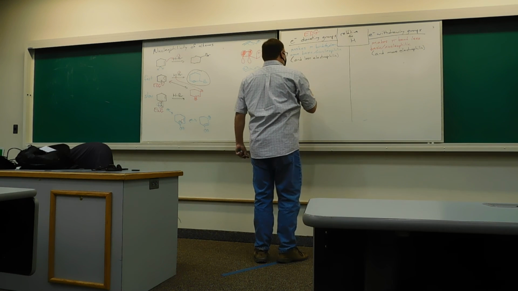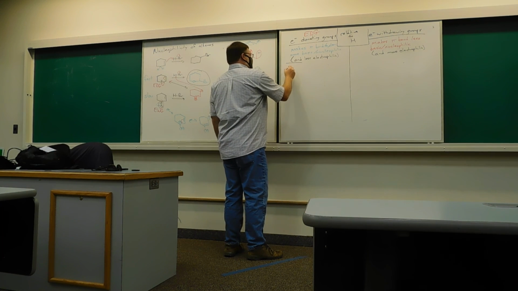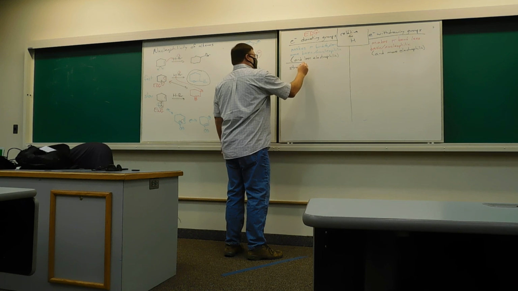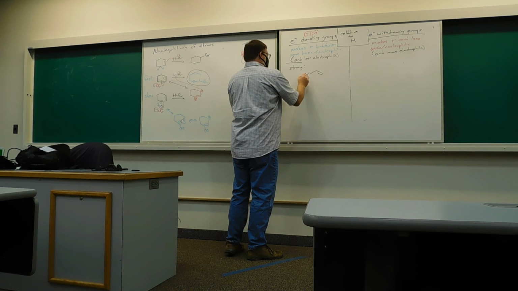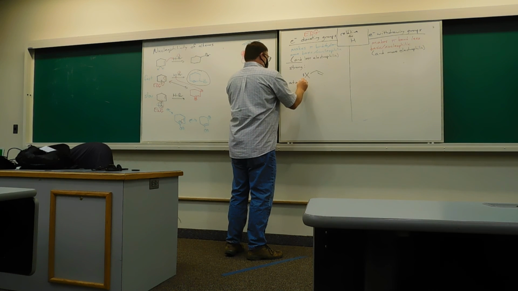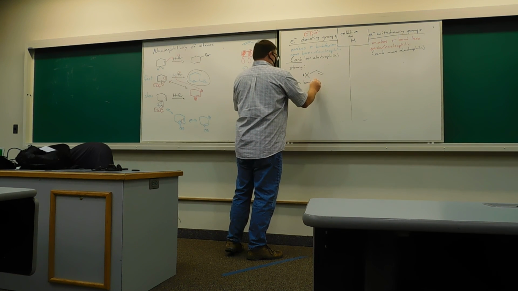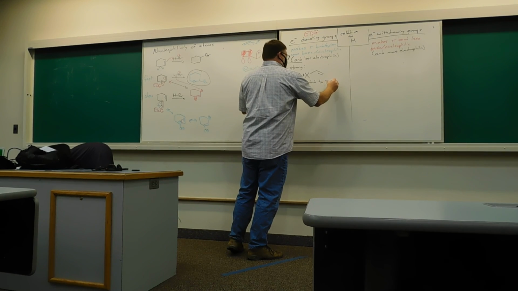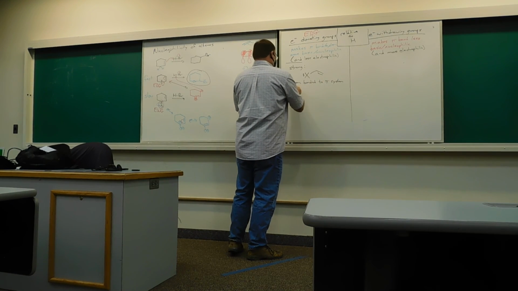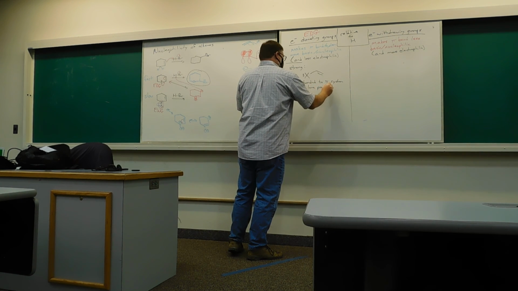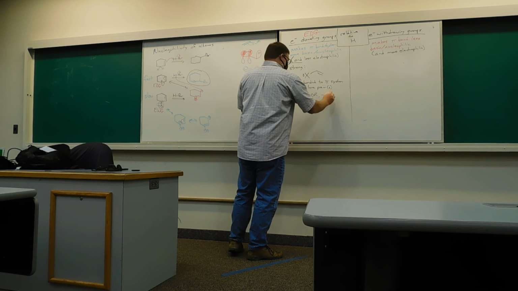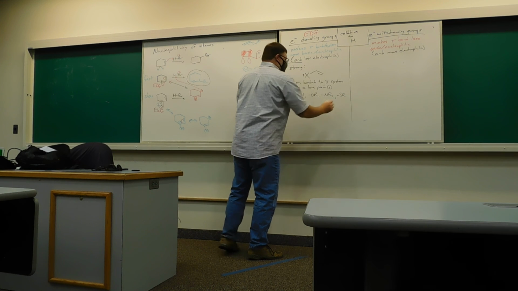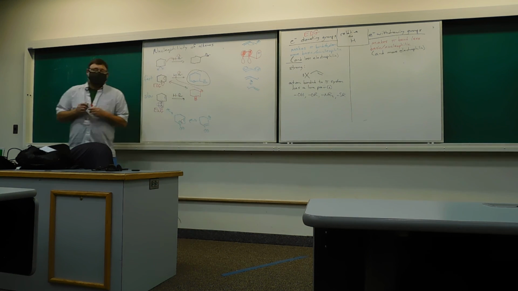Okay, so how do they look? What do they look like? A strong electron donor is going to be like what I just showed over here.